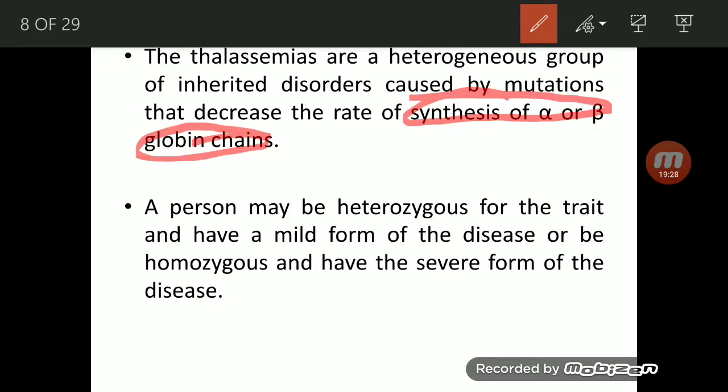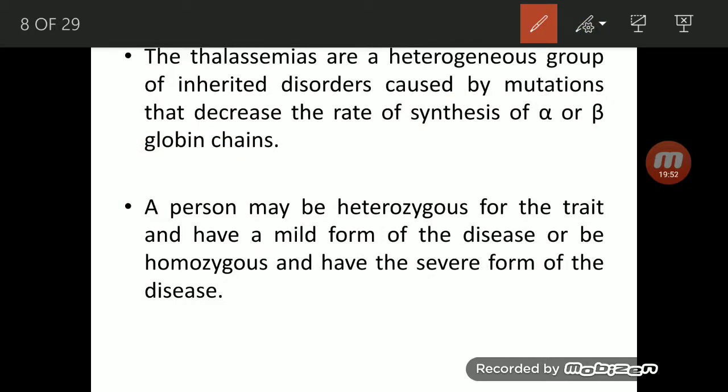It is a genetically transmitted disorder, so it is going to be hereditary in nature. Due to this mutation, there will be decreased synthesis of your alpha and beta globin chain.